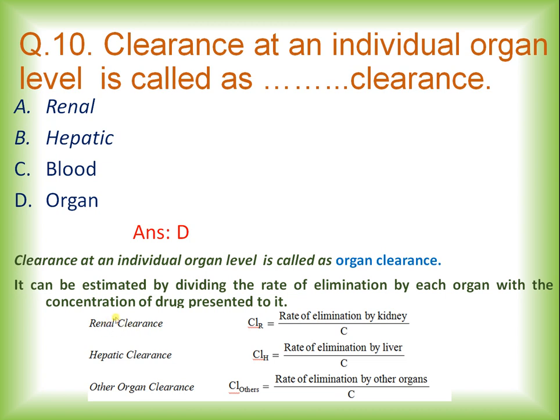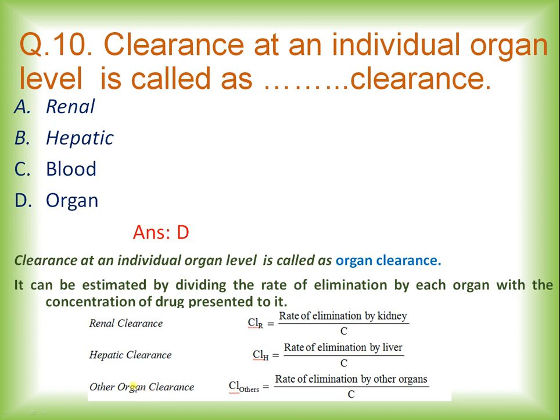For example, if you want to calculate the renal clearance, renal clearance is given by rate of elimination by kidney divided by plasma drug concentration. In the same way, for hepatic clearance, it is rate of elimination by liver divided by the plasma drug concentration which is present in the organ.